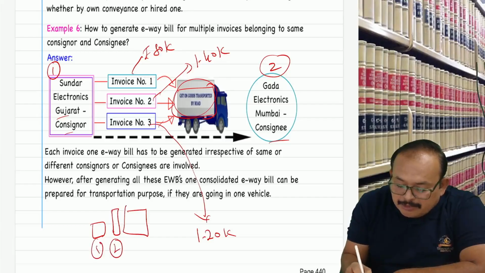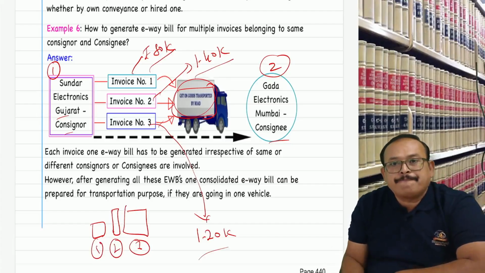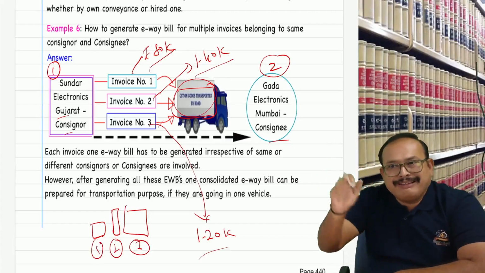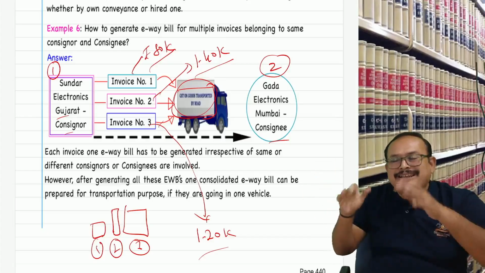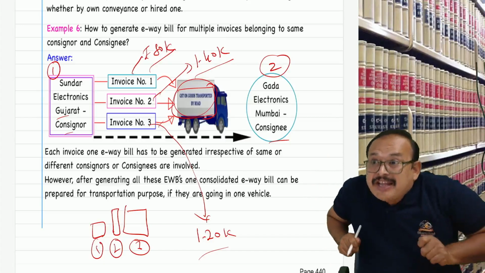Consignment number 1, number 2, number 3. Supplier is one person, recipient is one person. All the goods are carried in one particular truck, but there are 3 different invoices.